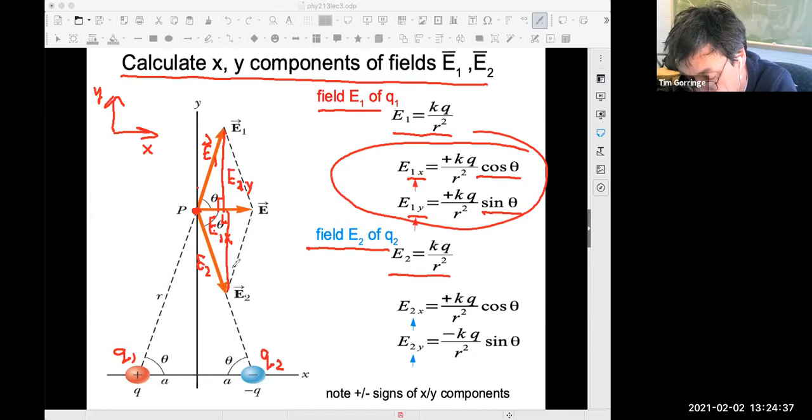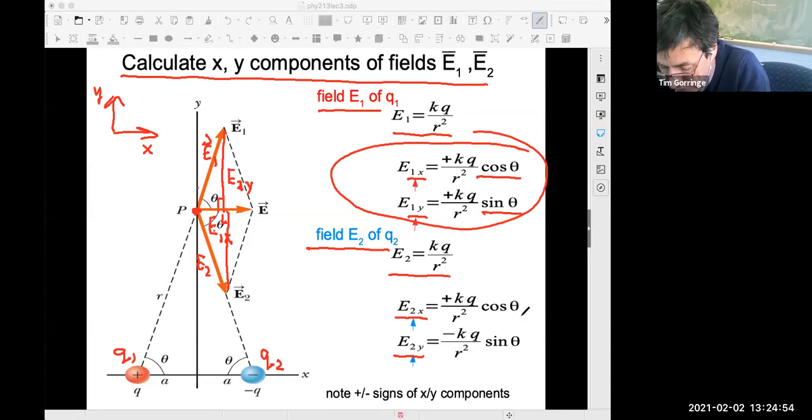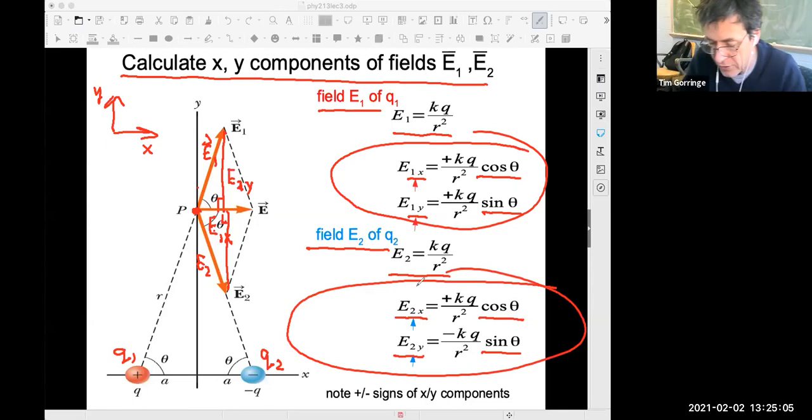I can use trigonometry to write down E2x and E2y in terms of the magnitude of E2, kq over r squared, times either cosine theta, if I want the horizontal, that's adjacent to the angle, or sine theta, if I want the vertical, that's opposite the angle. And I get the x and y components of the field of the second charge.